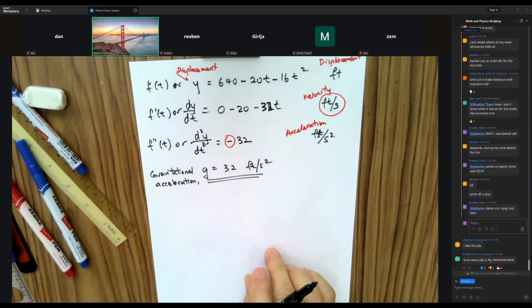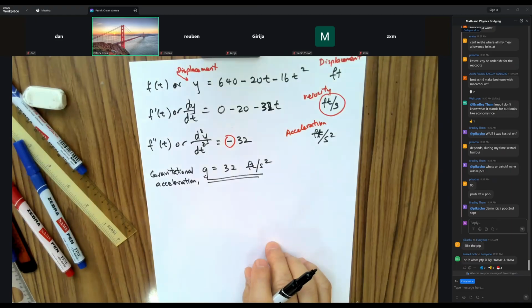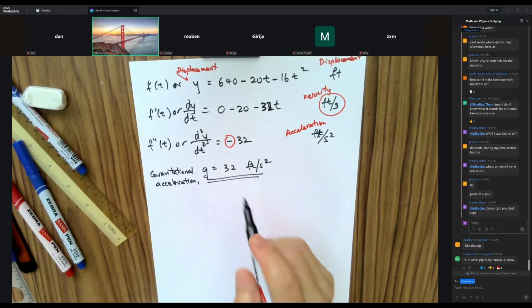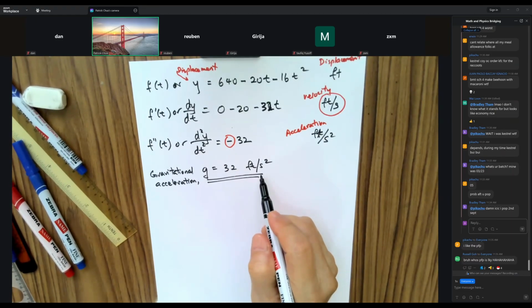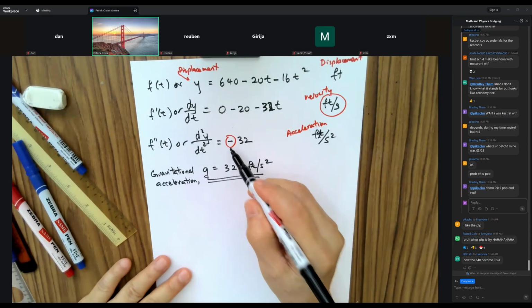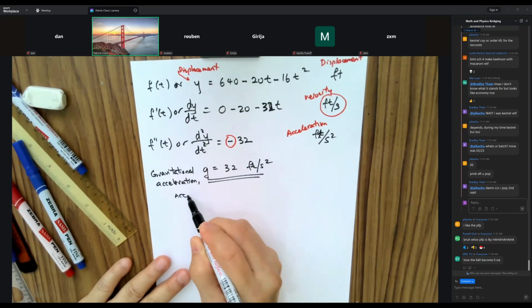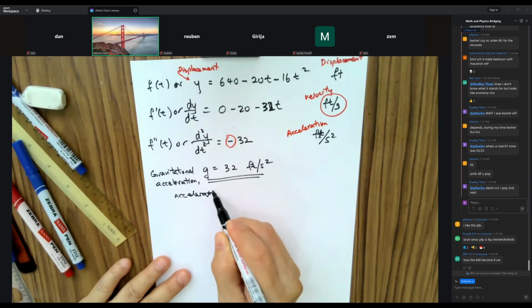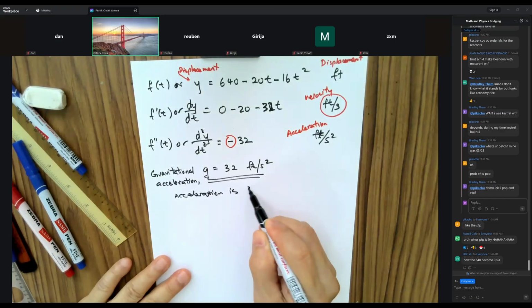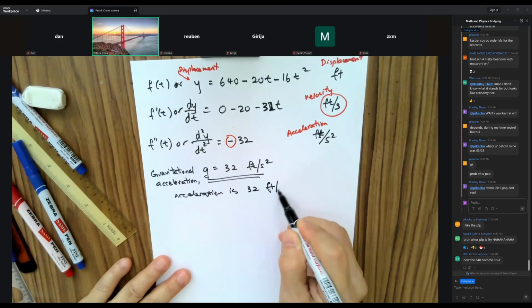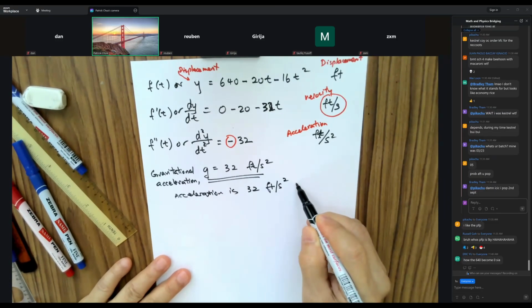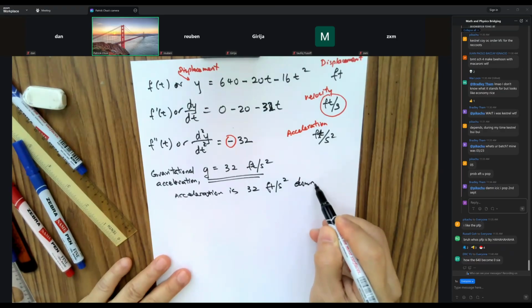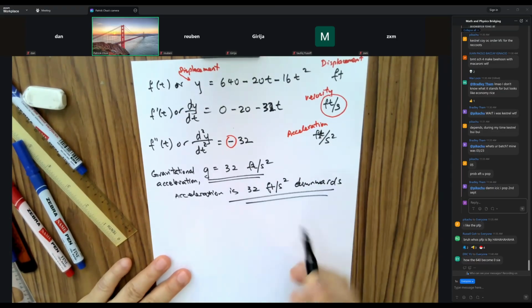So his acceleration is 32 feet per second squared downward, shown by the negative sign. So that's the full answer for A.